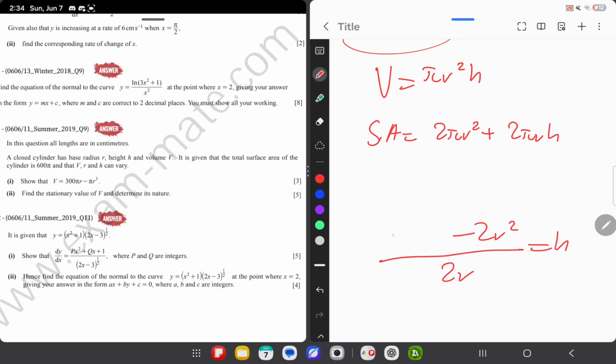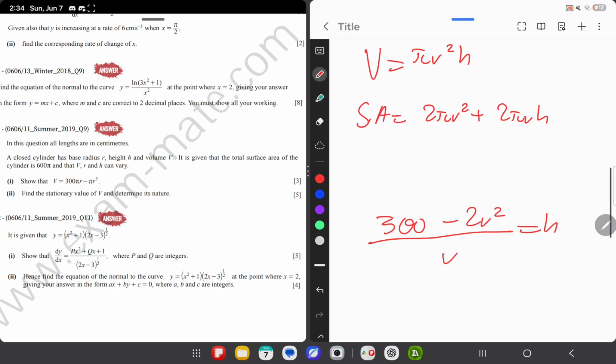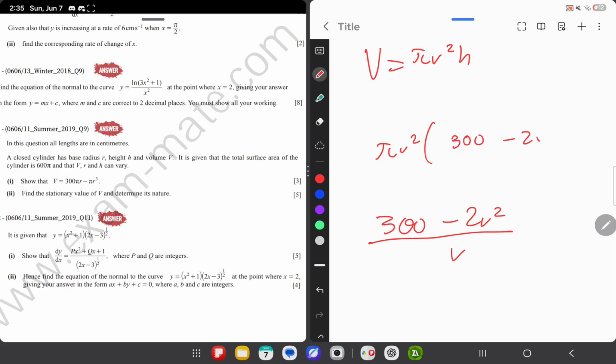Simplifying, this is 300 minus 2r squared, over r, and we plug this back into the equation of the volume. Okay, plugging this back in, what do you get? Pi r squared times 300 minus 2r squared, all over r.